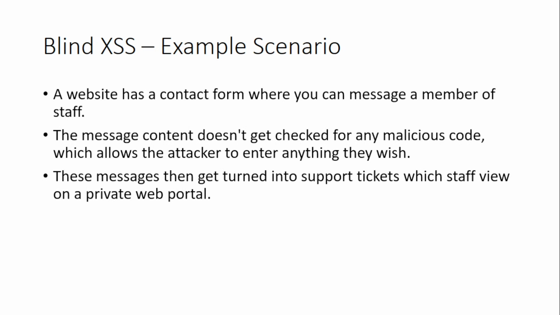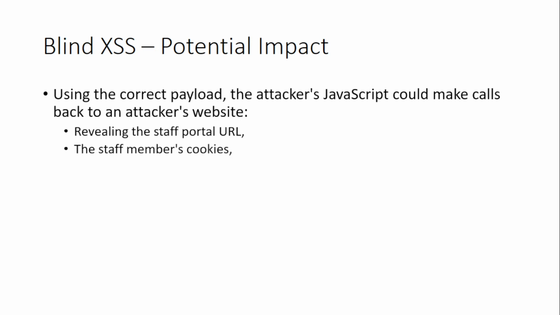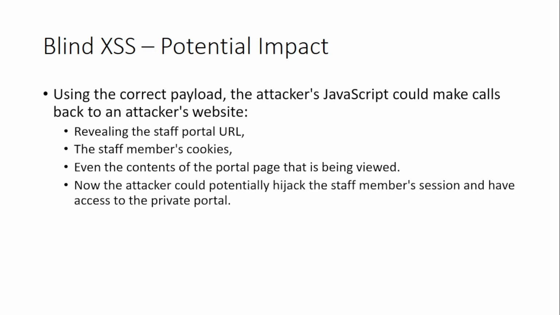As a potential impact of this type of attack, if an attacker uses the correct payload, the attacker's JavaScript could make calls back to an attacker's website, revealing the staff portal URL, the staff members' cookies, even the contents of the portal page that is being viewed. Now the attacker could potentially hijack the staff member's session and have access to the private portal.